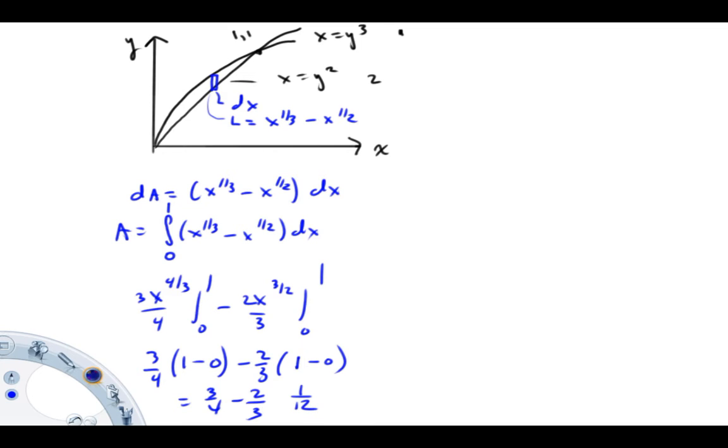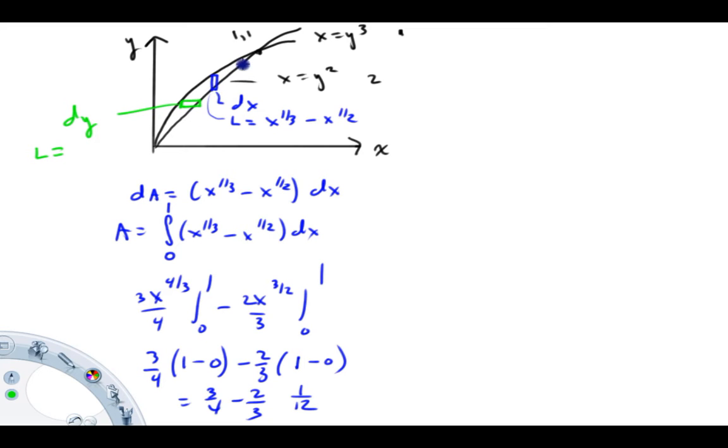I'm going to go ahead now and talk about what it would look like with horizontal rectangles. Had we drawn the rectangles horizontally, which is perfectly acceptable, the width of this rectangle is now a dy. The length of that rectangle is going to be this distance minus this distance.